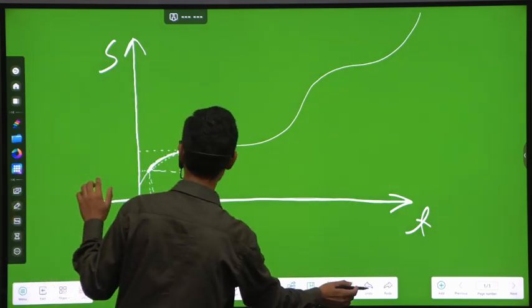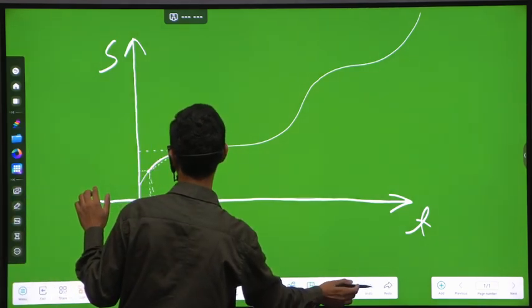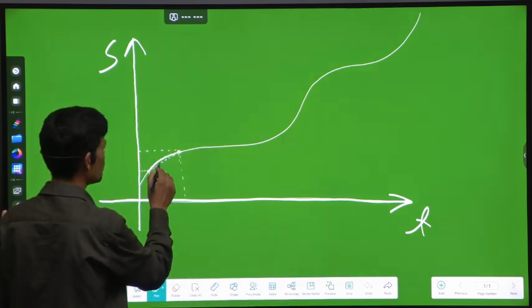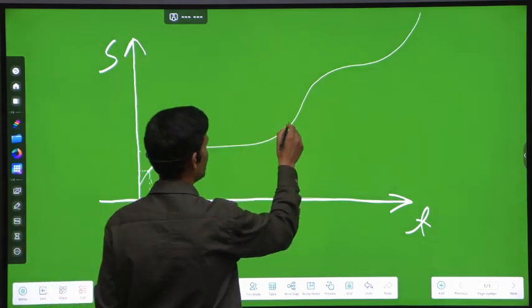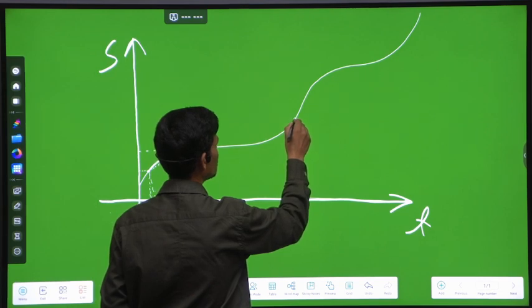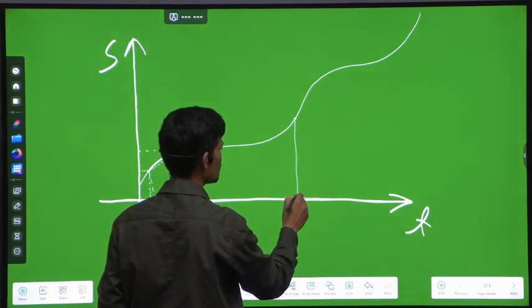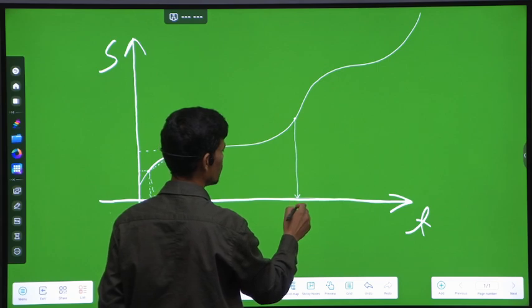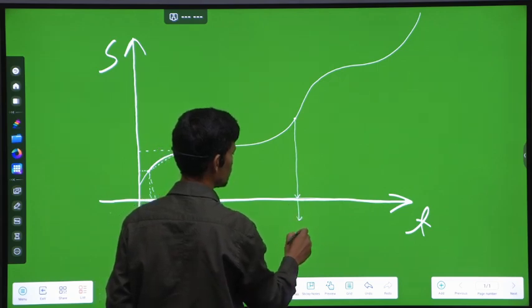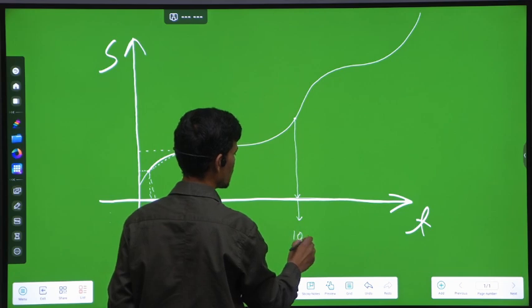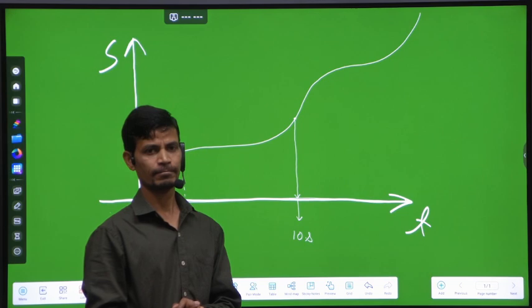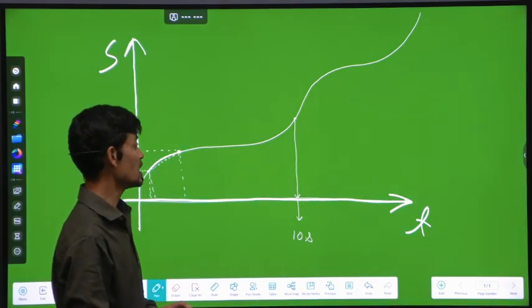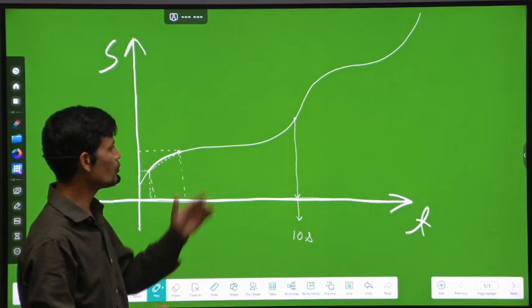So in order to find velocity at a smaller region of it, that will be instantaneous velocity. Let us suppose I am interested to find velocity at this instant, at this time. Let us suppose it is at 10 second. At the 10th second, what was its velocity? At the 10th second, it's difficult to find its velocity.